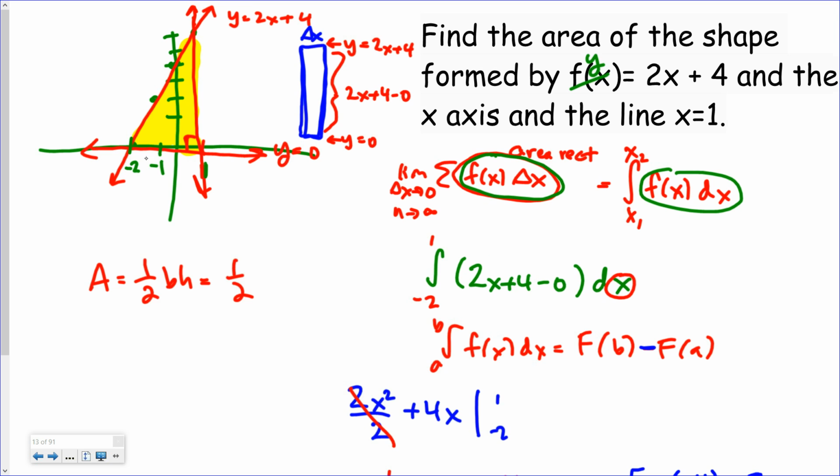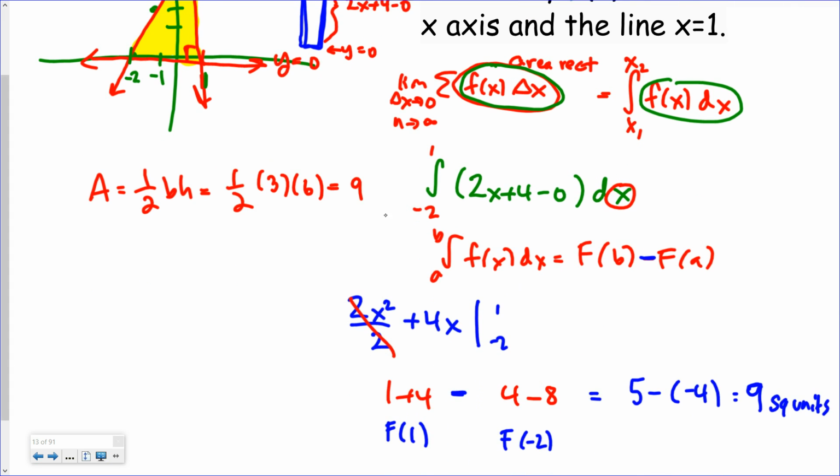What's the length of the base? 1, 2, 3. What's the length of the height? 1, 2, 3, 4, 5, 6. Is this equal to 9? Yeah, it is the exact same as when we used calculus to do that.